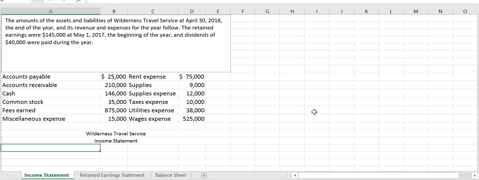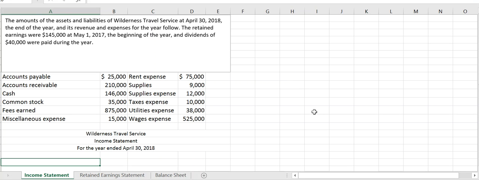So in this example, they're telling us that it's an entire year of us running and operating our business. So we want to express to the external readers of our financial statements that the revenues and expenses listed below represent an entire year's worth of us running and operating our business. So we write for the year ended April 30th, 2018.